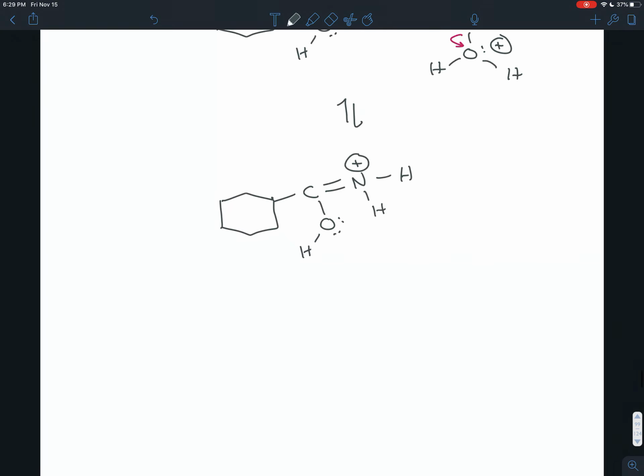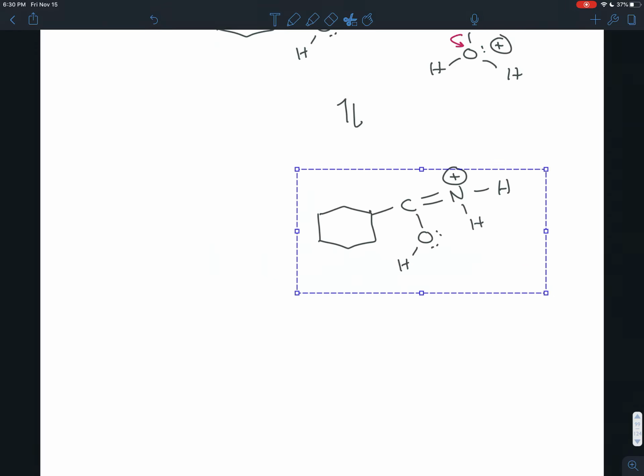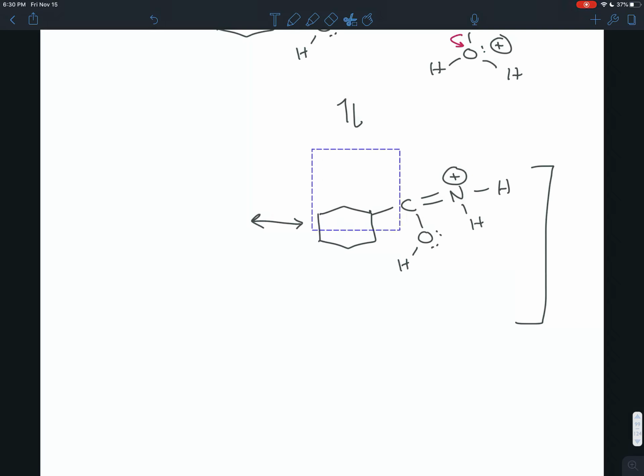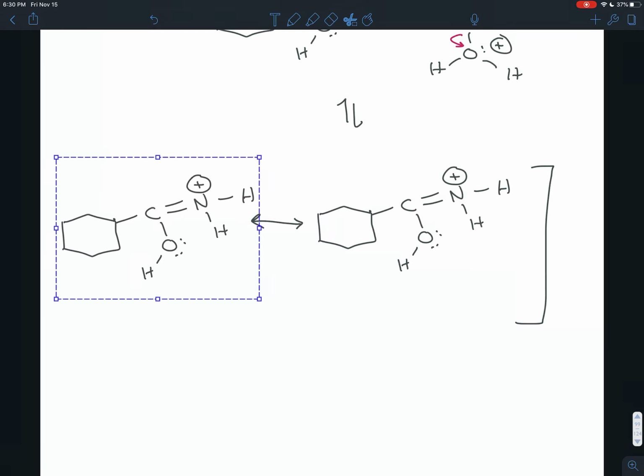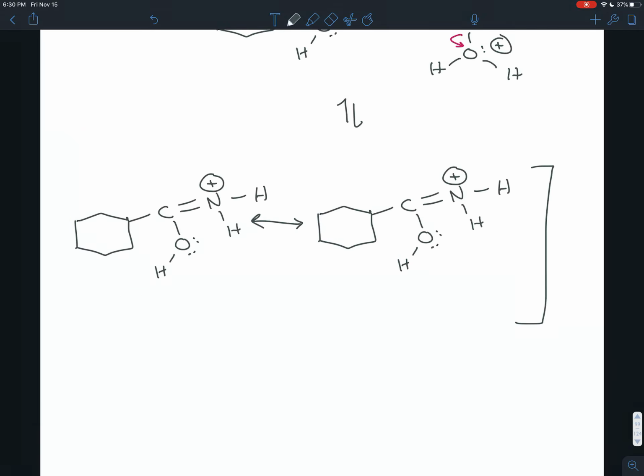And that nitrogen actually exists as one of 2 resonance structures. This nitrogen with the positive charge, these lone pairs here are allylic to this pi bond, so you could draw another resonance structure, where the lone pairs go toward the pi bond and the pi bond breaks and goes toward the nitrogen.